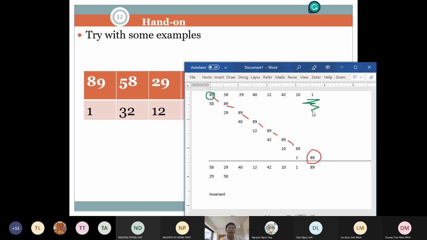So the goal is to put the biggest number in the last position. This is the goal. And here is how we achieve it: we compare one by one. Compare and swap, compare and swap.